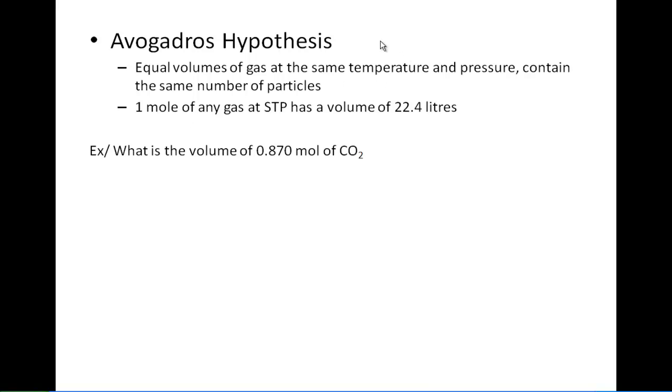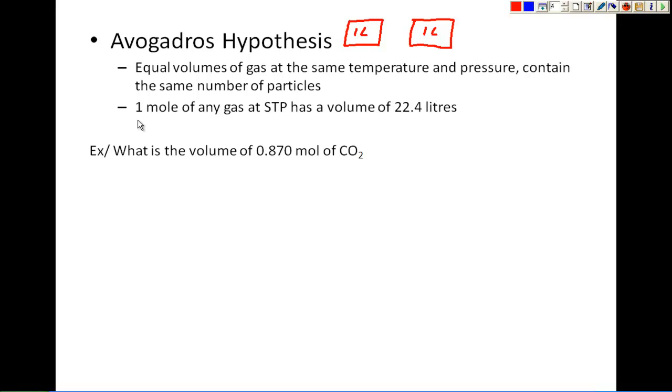So if you had two containers, and if they're both say 1 liter, and this was completely filled with one type of gas, and this was completely filled with a different type of gas, and they're the same temperature and the same amount of pressure, they're going to contain the same number of particles. Now, they might not be the same weight. In fact, they probably won't be the same weight, but they will have the same number of particles.